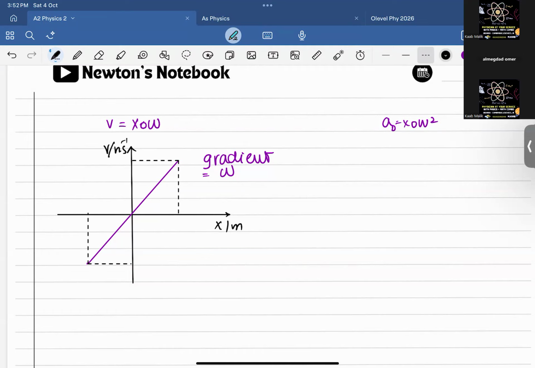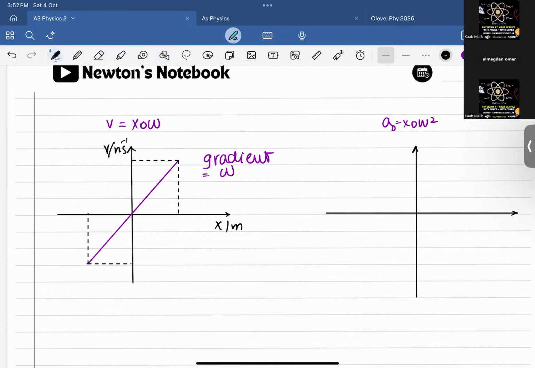Okay, these are the maximum values, right? Now, this is the velocity, and for the acceleration graph, it would be this.